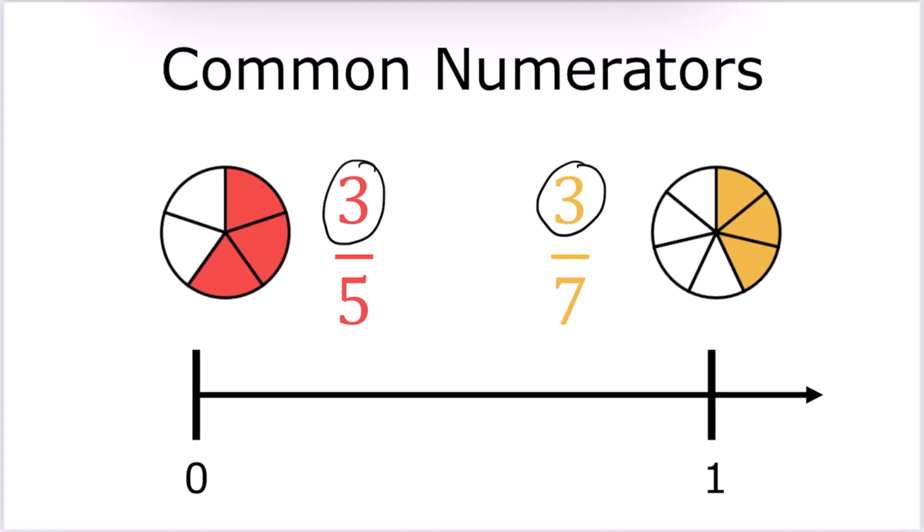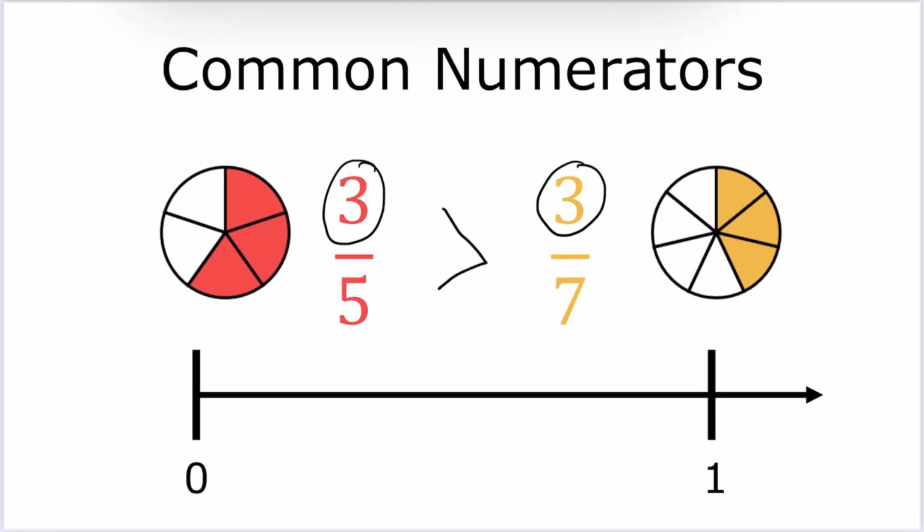So on this one, you'll show the students and you'll say, okay, well, in both cases, I have 3 pieces, but my 5ths are bigger than my 7ths, because if you split a circle into 5 pieces, those pieces are going to be bigger than if you split the circle up into 7 pieces. So 3/5 is greater than 3/7.